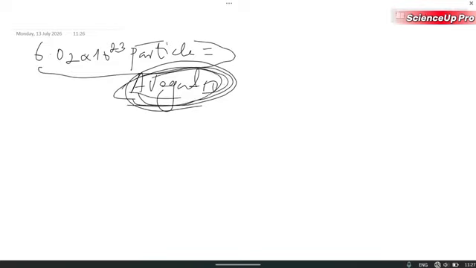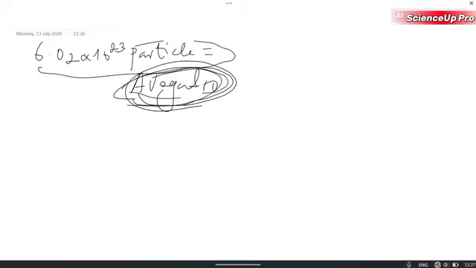Number of particles is equal to number of moles times Avogadro's constant. So if you want to take the number of moles, now if you have been given the number of particles and you are asked to look for the number of moles, you are going to take number of moles is equal to number of particles divided by Avogadro's constant.